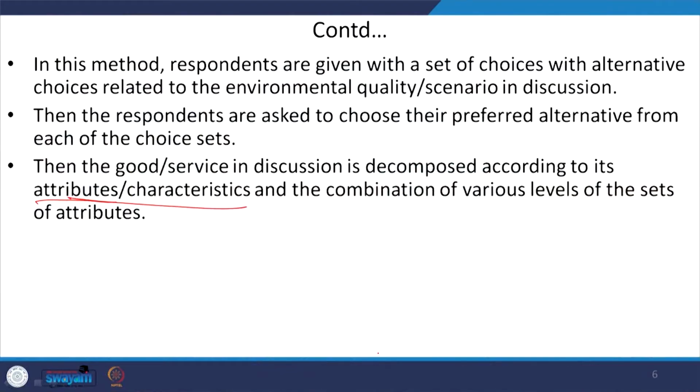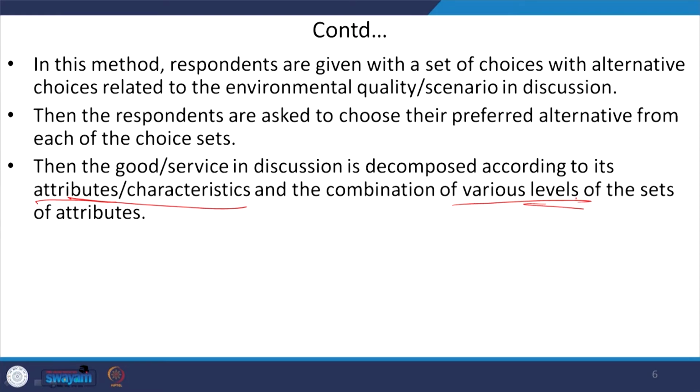Now after doing this exercise, the particular good or service in question is decomposed according to, first, its attributes or characteristics, and second, the levels of the attributes.